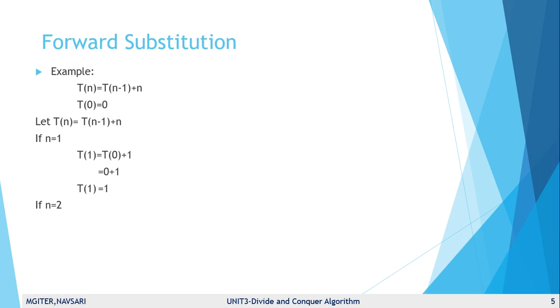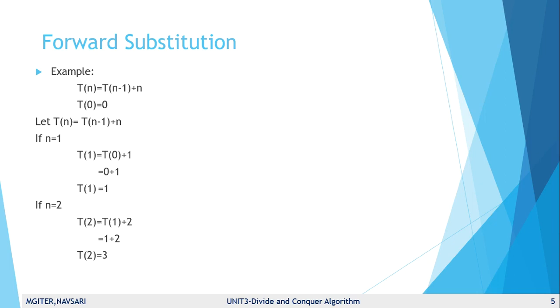Now we use T of 1 in generating the next value. If we put n equal to 2, then T of 2 is equal to T of 2 minus 1 plus 2, so T of 2 is equal to T of 1 plus 2. What is the value of T of 1? That is 1. 1 plus 2 is equal to 3. So the value of T of 2 is equal to 3.